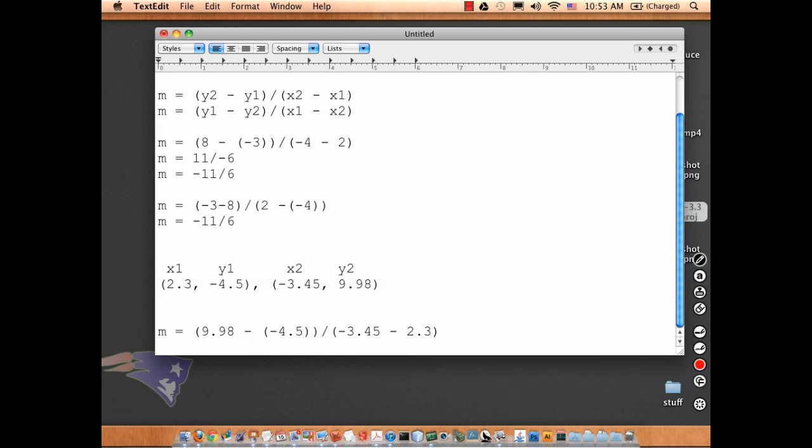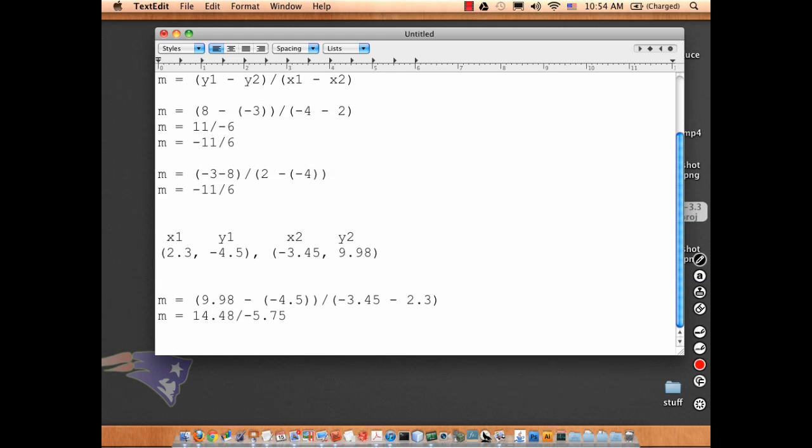Okay, all right, let's calculate this real quick. What is 9.98 minus negative 4.5? If someone has a calculator, that would be very helpful. 14.48 divided by what? Negative 3.45 minus 2.3? Minus what? 5.75. Oops, 0.75.